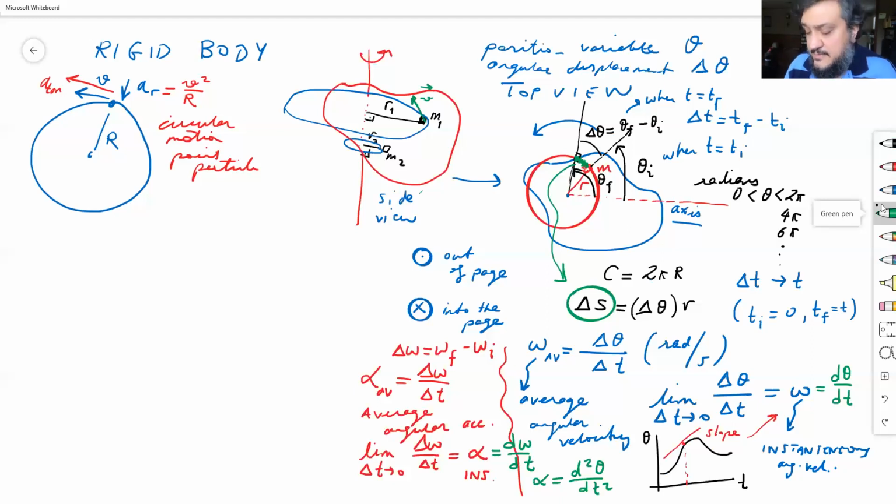V, all right? And this V is perpendicular to the radius. And the radius itself is a vector. It's a position vector, right? So the radius itself is a vector, R.